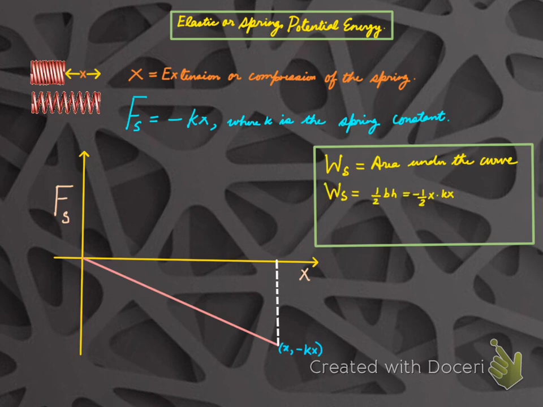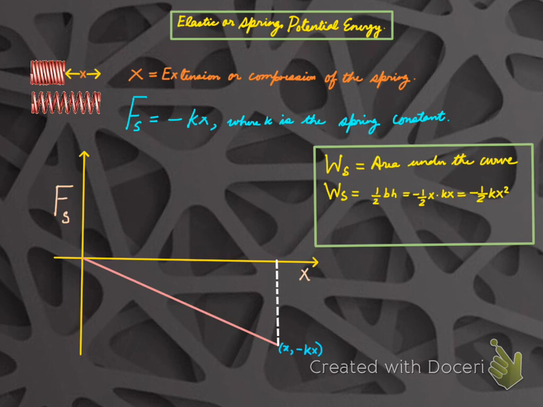So the work done by the spring is going to be 1/2 the base times the height of the triangle, which is going to be negative 1/2 x times kx. So negative 1/2 kx squared. But a spring force is a conservative force.